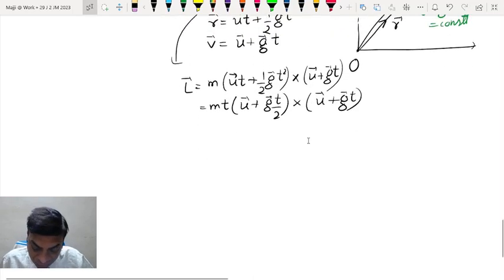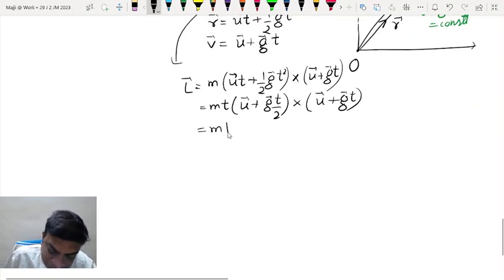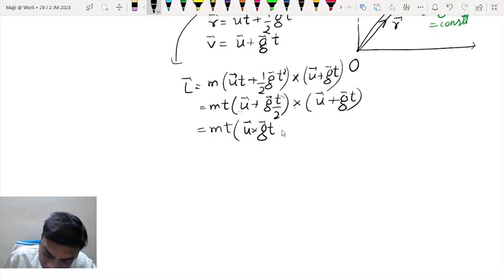Okay, then vector u cross vector u is 0, and we are left with vector u cross vector gt. Then vector gt by 2 cross u can be written as minus vector u cross gt by 2, and vector g into t by 2 cross vector gt will be 0.